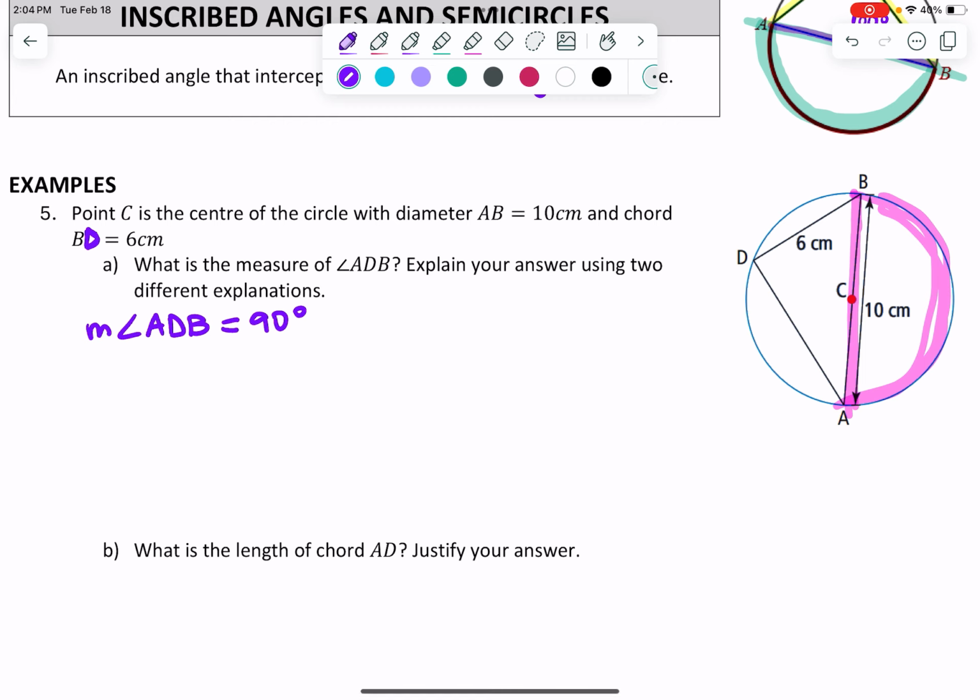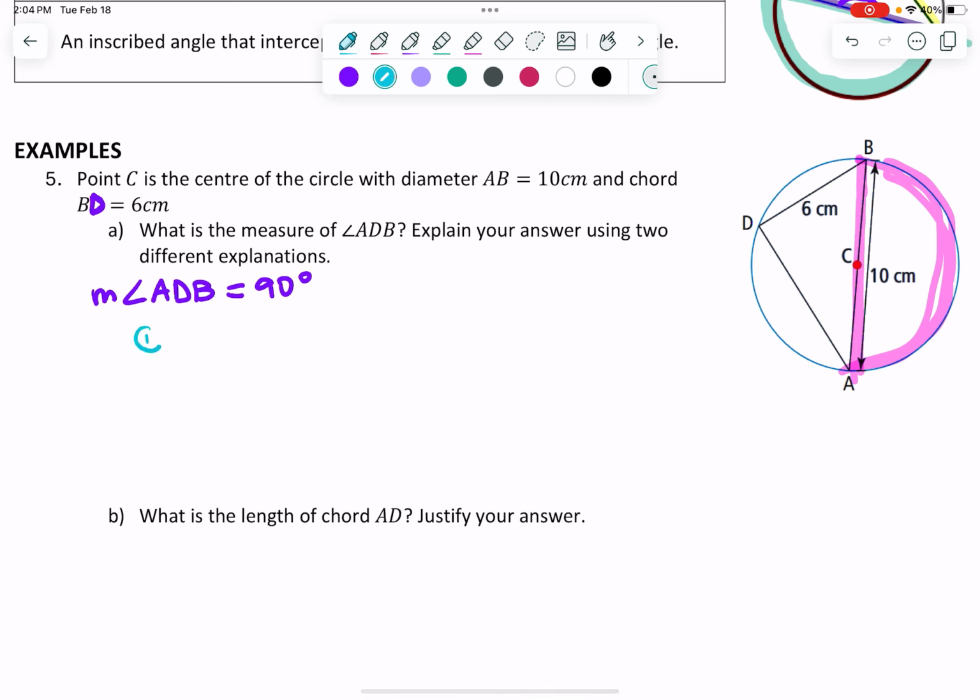I should say the measure of angle ADB is equal to 90 degrees. Why? Well, way number 1 is I can say angle ADB is an inscribed angle of a semicircle. That is method number 1 for me to justify or explain my reasoning.